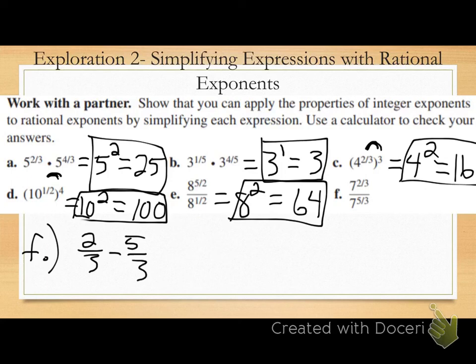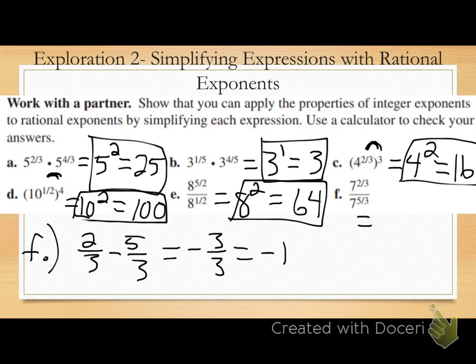Whenever we're using our division or quotient of powers property, we always do top exponent minus bottom exponent. Does that make sense? Top minus bottom. So here it's 2/3 minus 5/3. Do I have the same denominator? Yeah. So what's 2 minus 5? -3 over 3, which is -1.